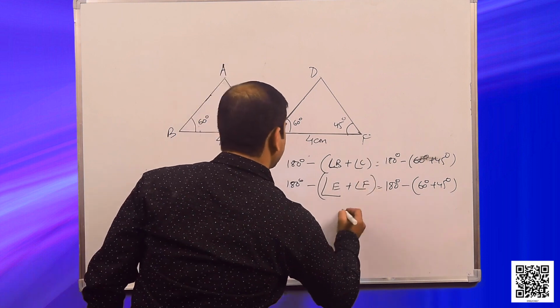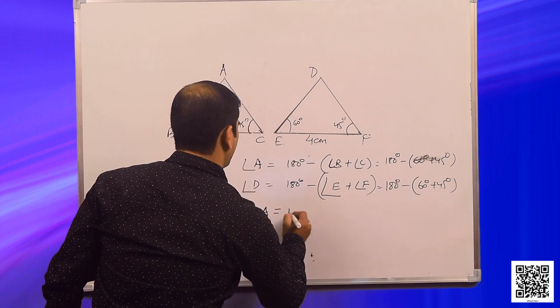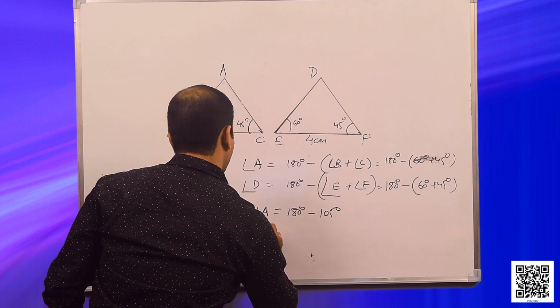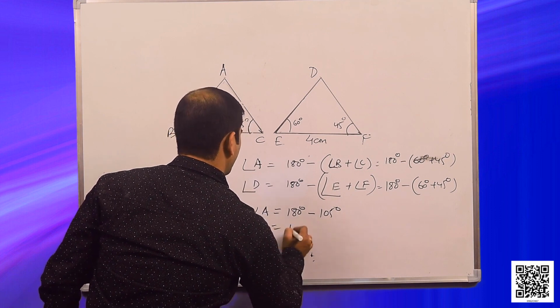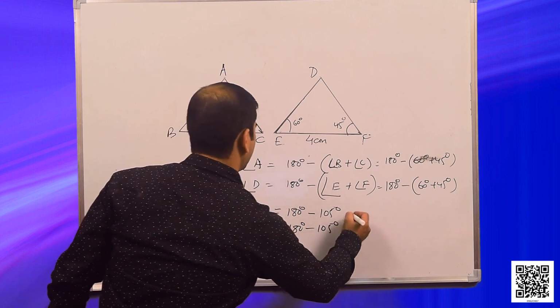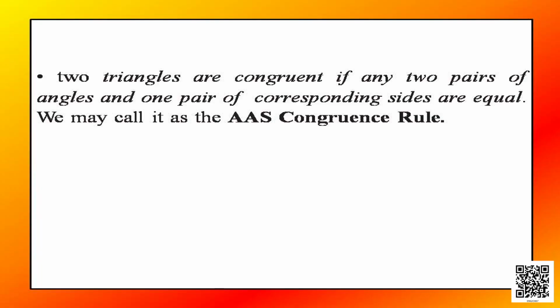So, in both cases we can come to conclusion that angle A is equal to 180 degree minus 105 degree, angle D is equal to 180 degree minus 105 degree, that is equal to 75 degree in both the cases. So, we have proved that if two pairs of angles are equal, that means the other pair of angles of the congruent triangles are also equal, isn't it?